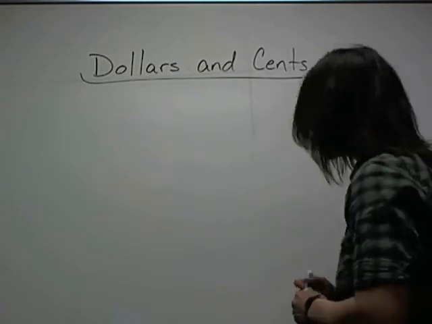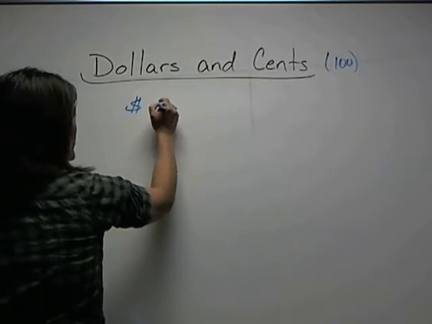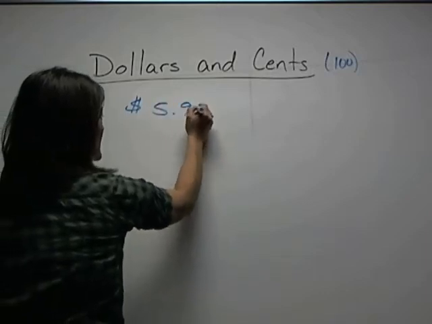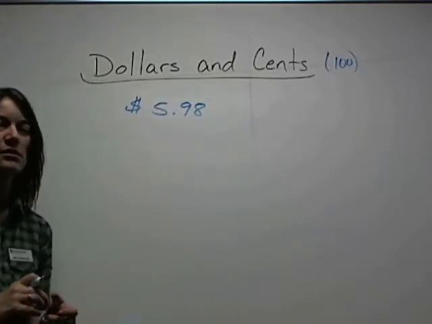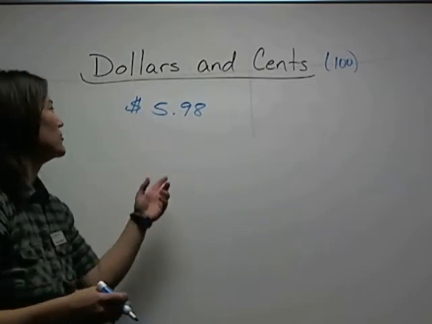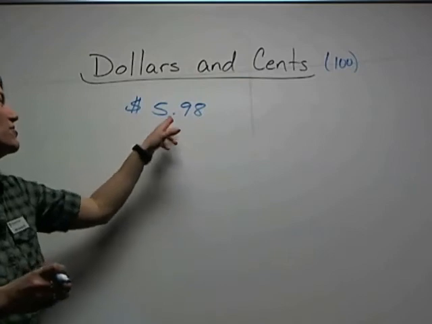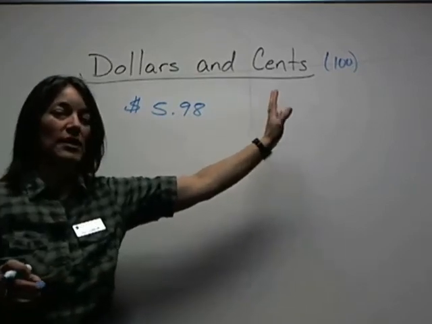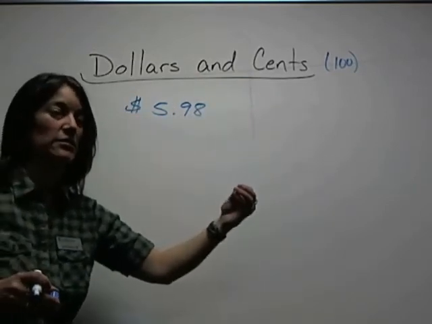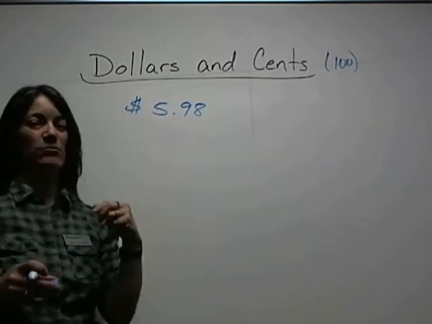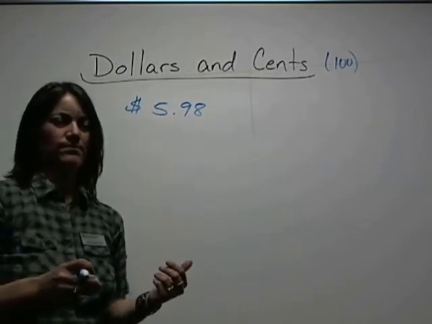So we write out numbers and we would say something like, oh, it had a price tag of $5.98. Now notice when we read it off, we said $5.98. The only time when you read off a number in Mathland that you use the word and is to indicate a decimal point. Okay?